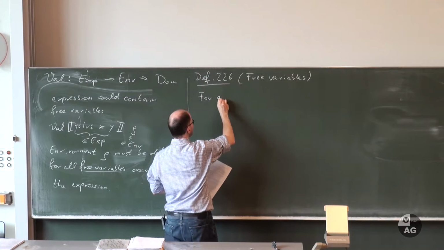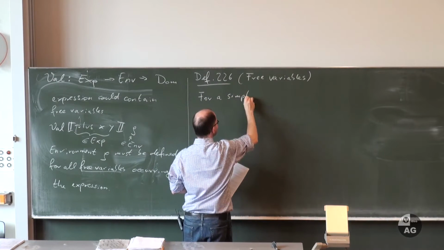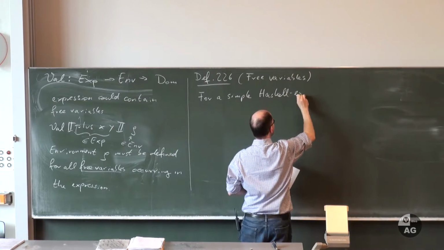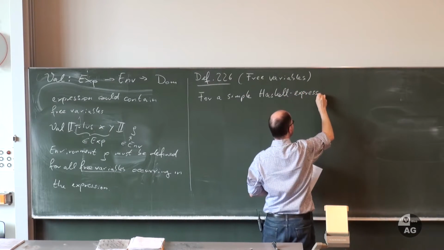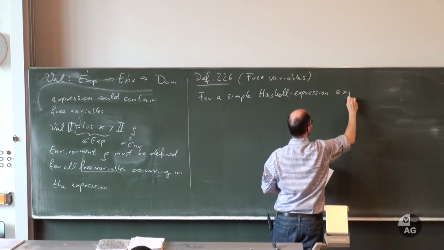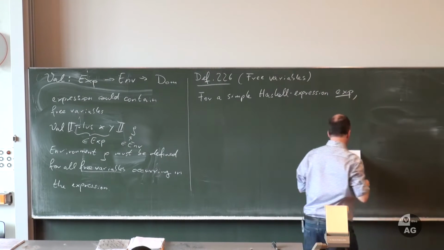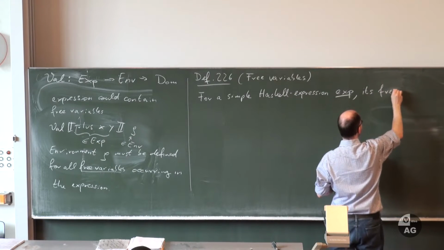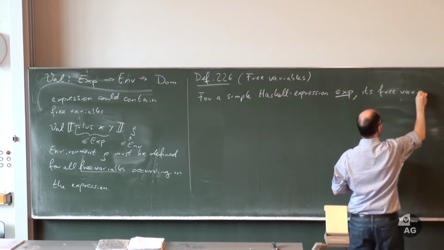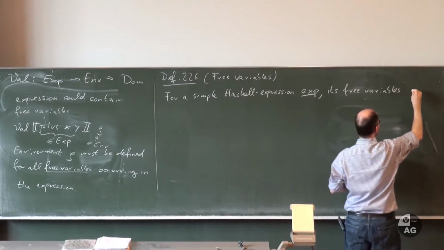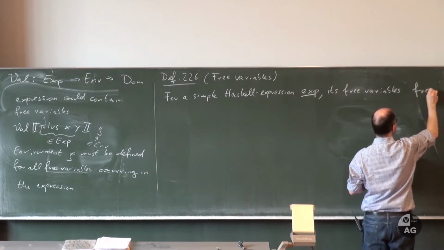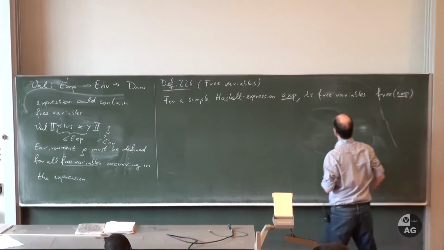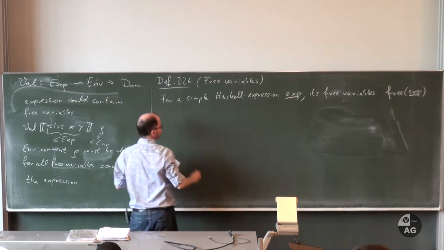So for a simple Haskell expression exp, its free variables, and the set of free variables is denoted as free of exp, are defined as follows.